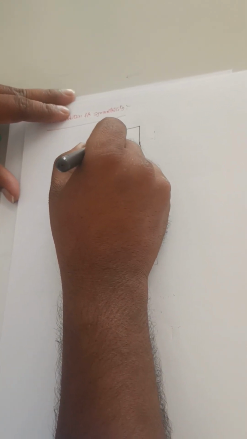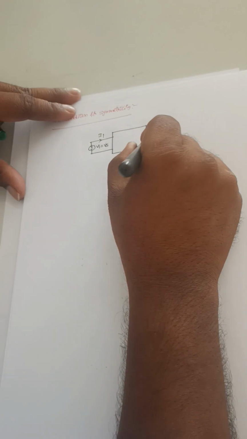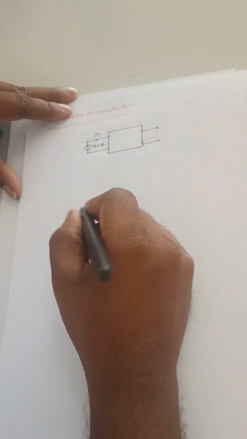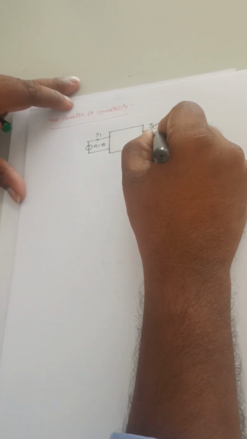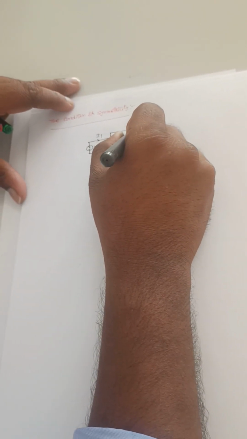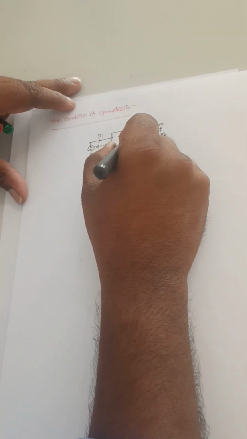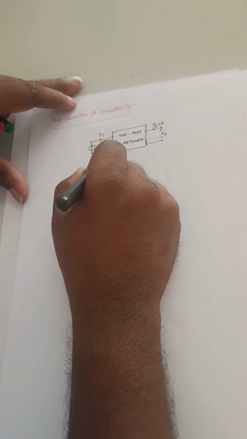So let us consider this V1 is equal to Vs, this is I1, and this should be open circuited while we are deriving the condition for symmetricity, and this is I2, that should be 0, it is plus and minus, it is V2. It is a two-port network. Now I need to find this Vs by I1.